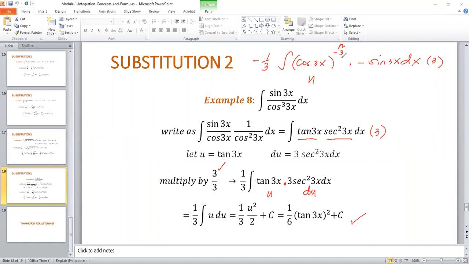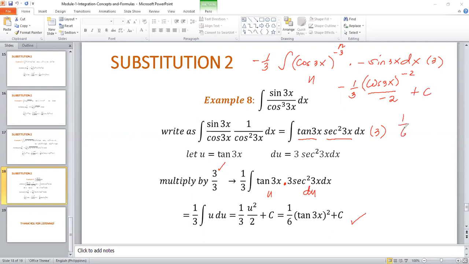So that I can use the power rule here. Because u raised to n du allows me to use the power rule for this one, my answer will be negative 1/3 cosine of 3x raised to negative 2 over negative 2 plus c.